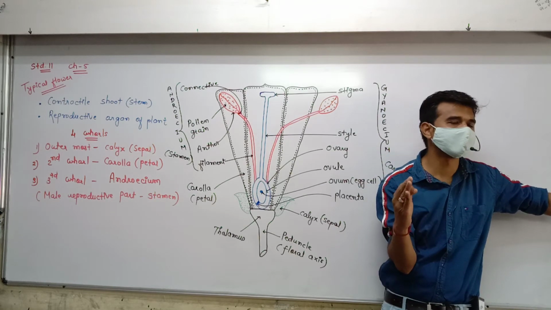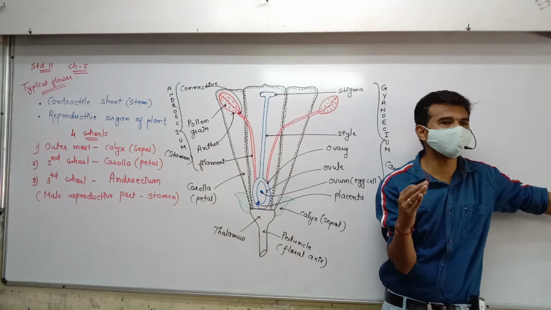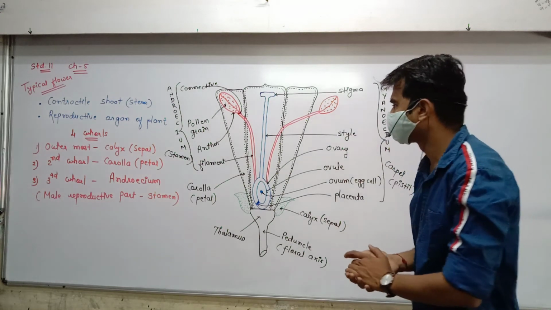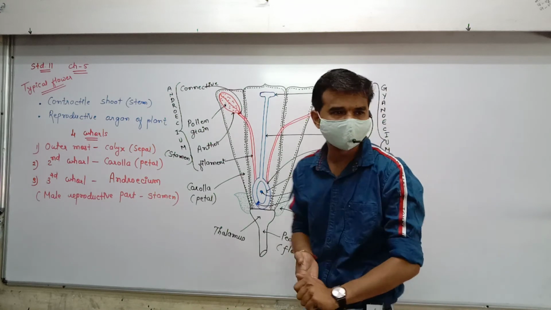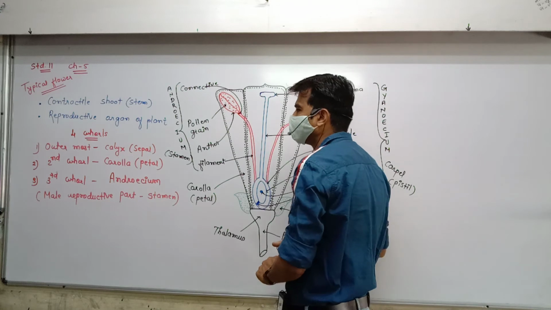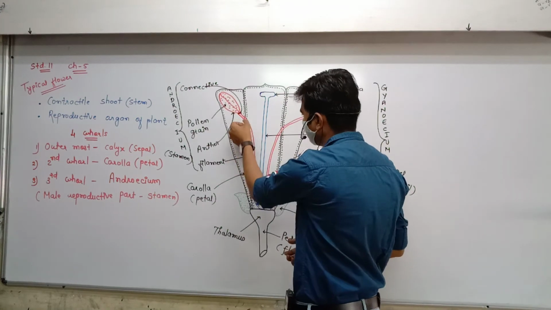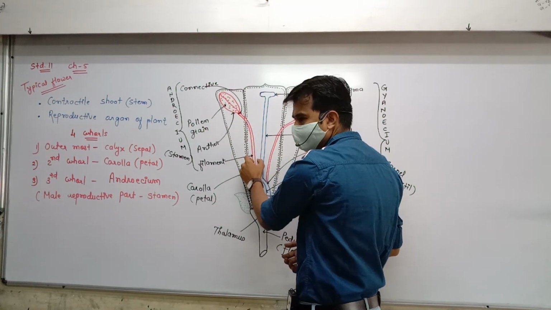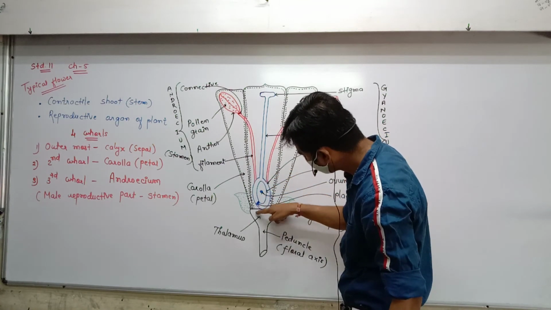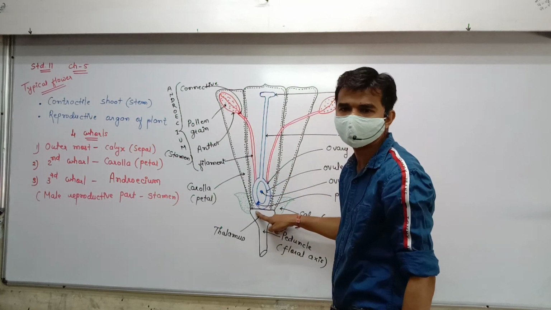Androecium is known as the male reproductive organ of the flower. Okay, so here the proximal part of the androecium or stamen is the filament. Actually, this filament is connected to the thalamus.